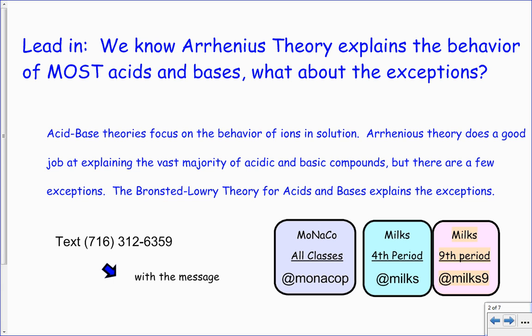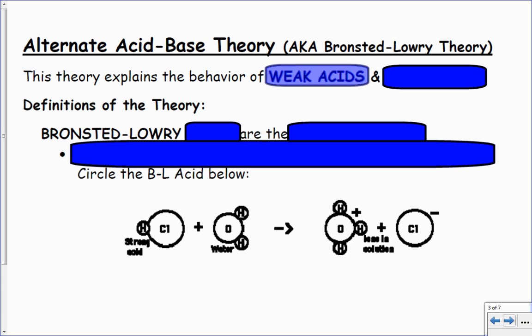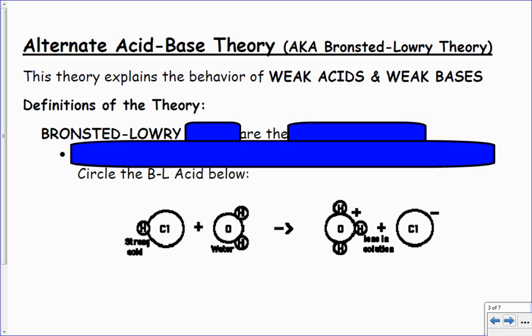And the name of the alternate acid and base theory is called the Bronsted-Lowry theory. And now we will encompass all of them. So that alternate acid-base theory, otherwise known as Bronsted-Lowry theory, explains specifically the behavior of weak acids and weak bases. Now, I remember in the last notes, or 2 notes ago, I talked about the difference between a strong acid and a strong base.